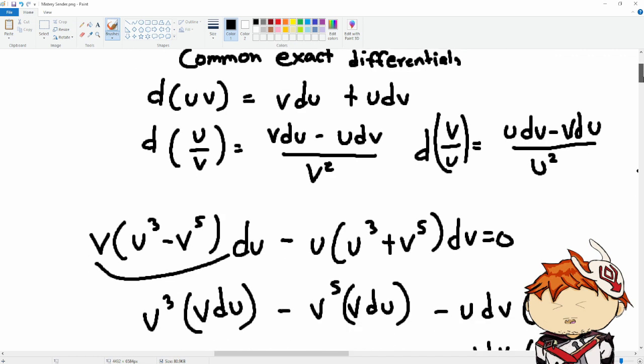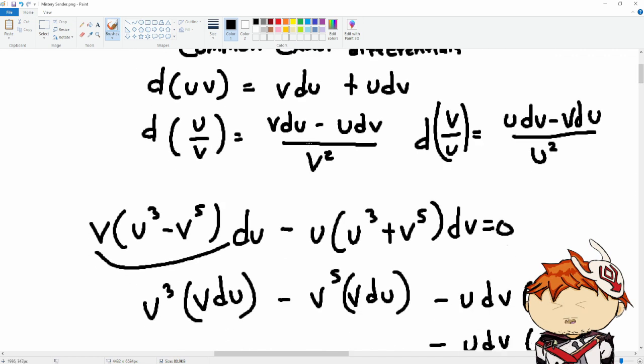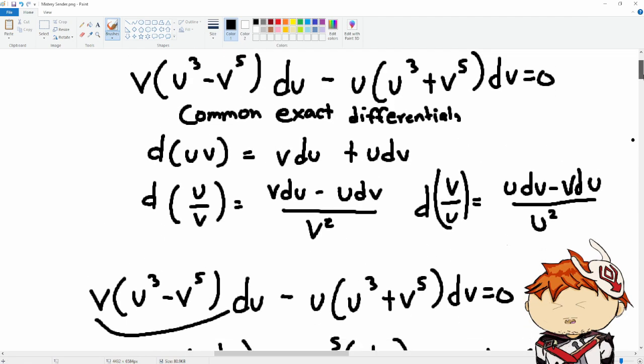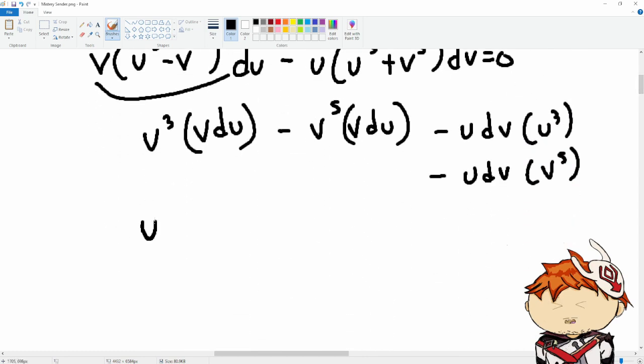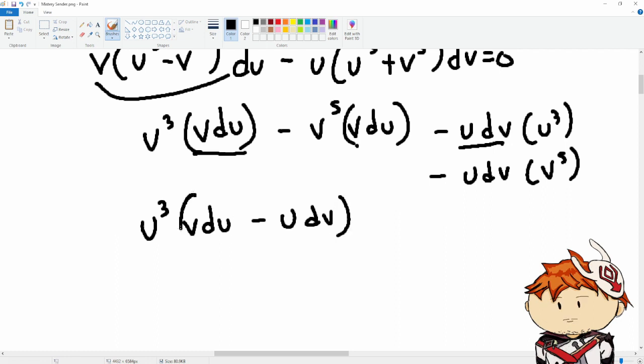It seems there will be one fraction, because the difference with this exact differential is that with a product rule, the terms are both positive, but with a quotient rule, there's a positive and a negative. So we have a U cubed VDU, and I'm looking for the negative UDV, minus UDV, and they're both U cubed.